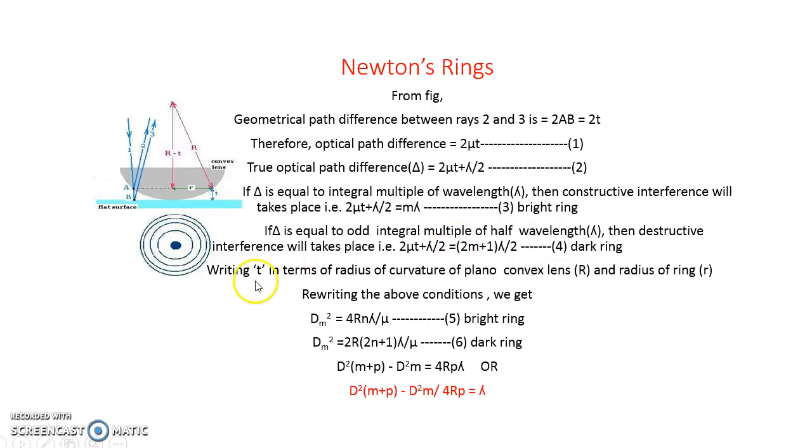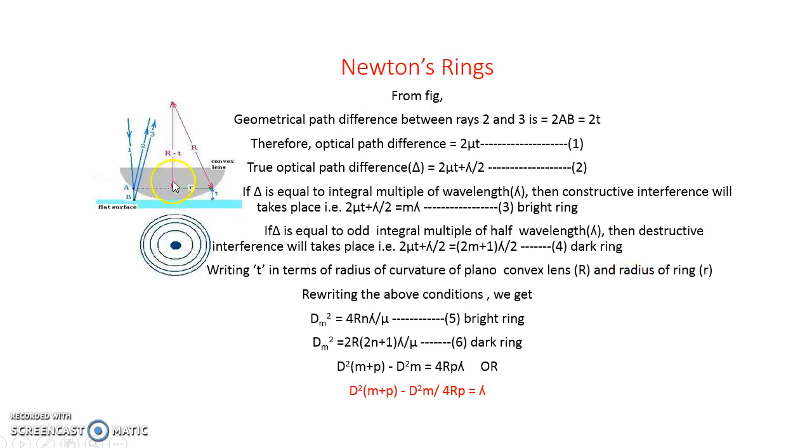Further, because t is changing everywhere, it is very difficult to find the perfect value of t at a given location. Therefore, we write this t in terms of measurable parameters, which may be the radius of curvature of the plano-convex lens, which we have considered as R, and the radius of the rings observed.